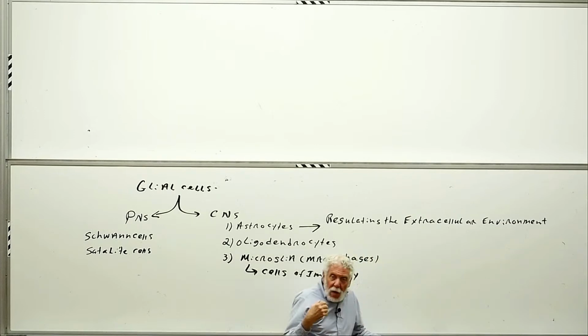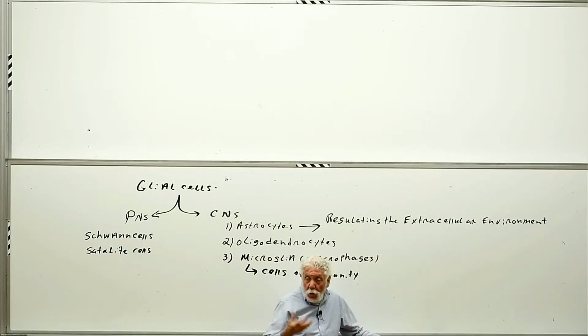Many people think of them as just the maintenance crew. They maintain the environment so neurons can function. Now, I think we're going to find they're more important than that. They don't just maintain things, which they do, but they also are probably doing some kind of signaling. There's probably some kind of signaling between the glial cells and the neurons that we're now just beginning to understand. And I think in the next 10 years, you'll see more of that.